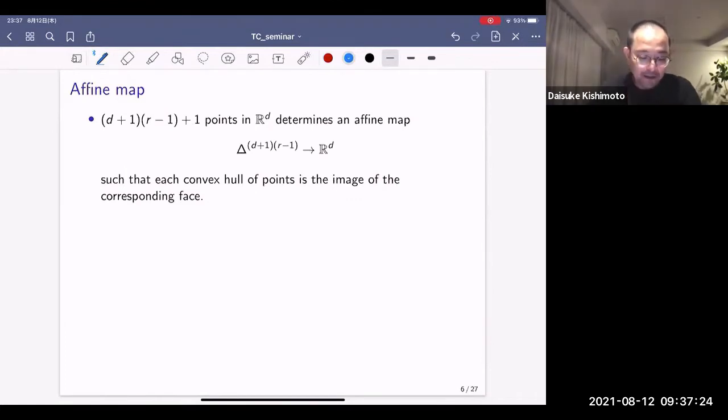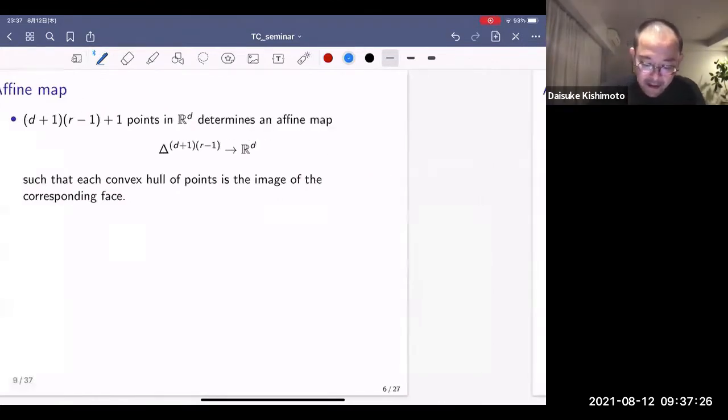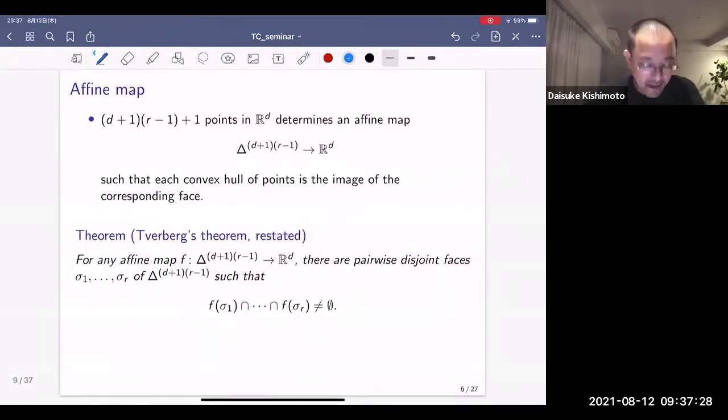So we can translate Tverberg's theorem like this. For any affine map f from the (d plus 1) times (r minus 1) simplex into R^d, there are pairwise disjoint faces sigma 1 to sigma r, such that their images by f intersect.